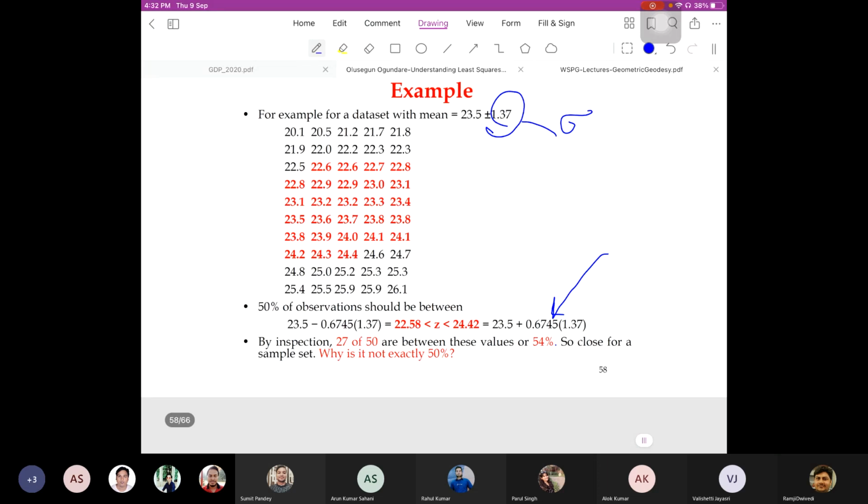This is the question which you have to answer. You take your time and answer this. Out of 77, 27 or 50 are between these values, which is 54%. Why is it not exactly 50%? That you have to answer.